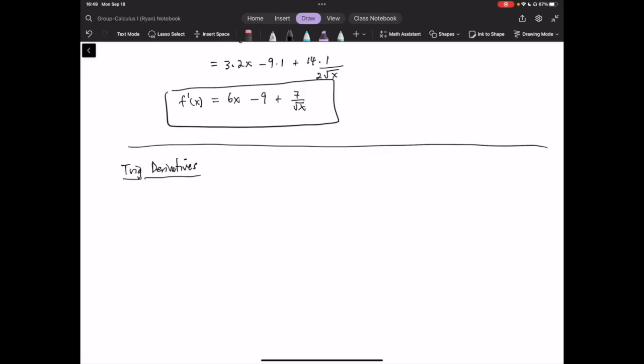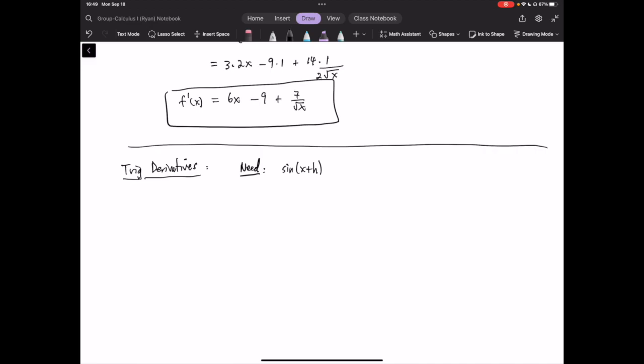To do it, we need an identity, the sum or difference formula. This identity is sine of x plus h. We're going to take the derivative of sine together, and I'm going to leave the derivative of cosine as a recommended exercise.